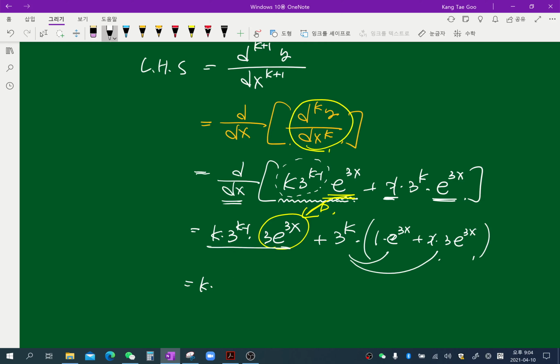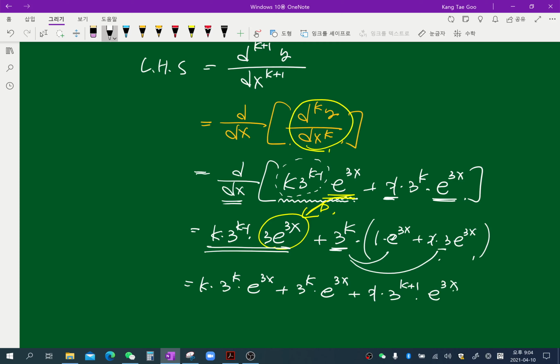So if we rewrite this, then 3^k e^(3x) plus 3^k e^(3x) plus x times 3^k and then 1, which is k plus 1, right?